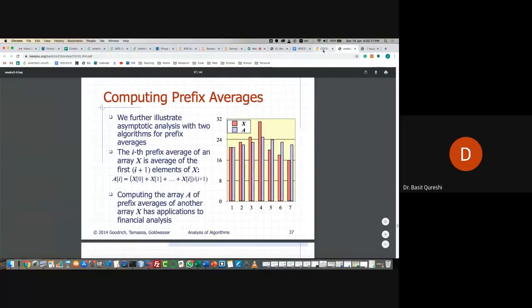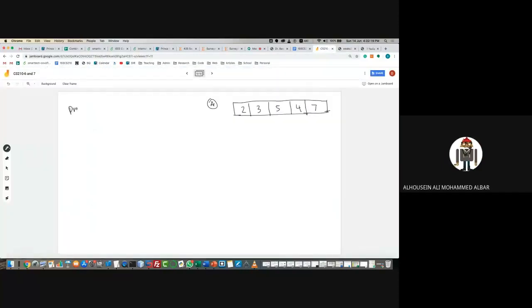It's called prefix averages. What it means is I'm going to run this program n times. Here n is 5: 0, 1, 2, 3, 4. So I'm going to run this thing n times, and every time I'm going to find an average for the 2 values, and then the 3 values, and the 4 values, and the 5 values, and so on.